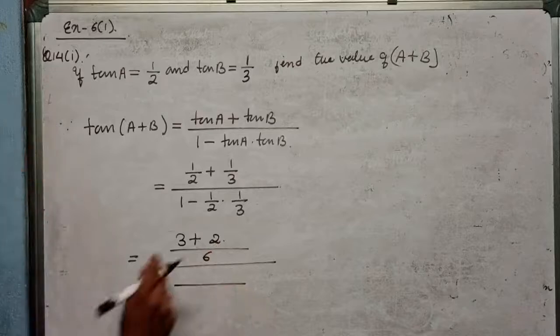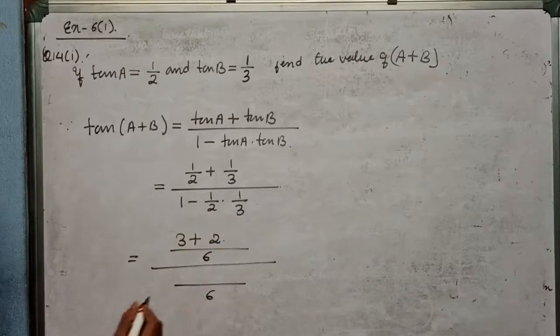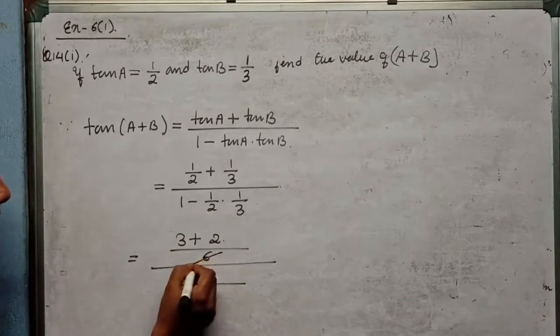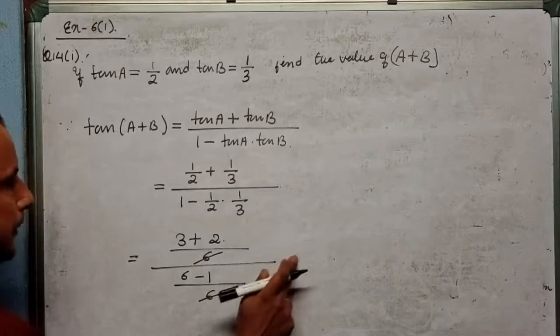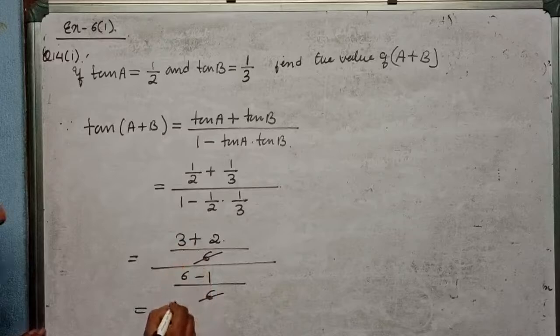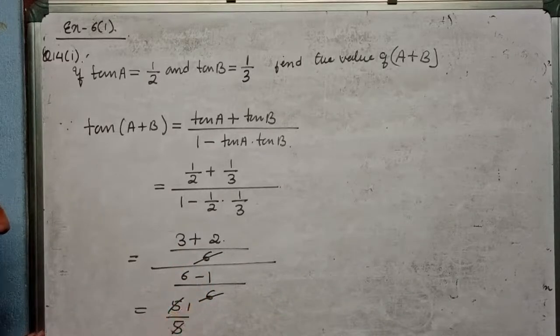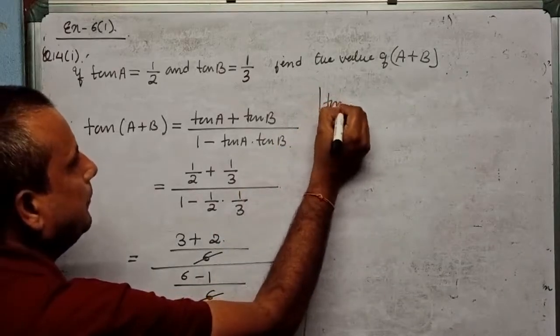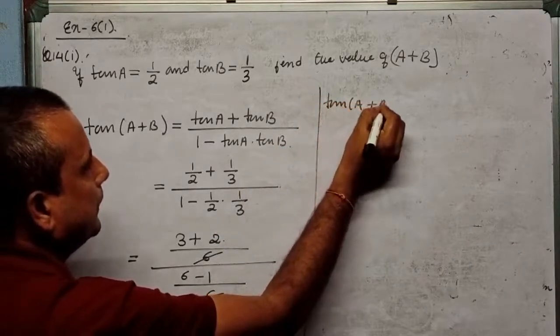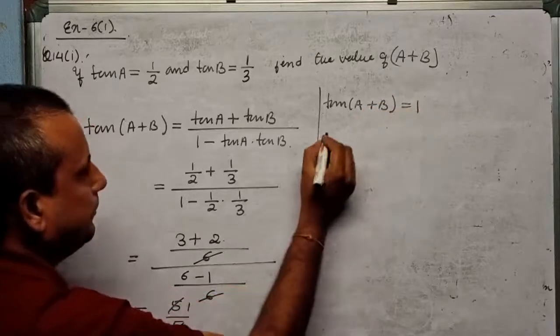In the denominator, the LCM is 6, so it will be 6 minus 1. The 6s get cancelled, and this is equal to 3 plus 2 is 5 over 6 minus 1 is 5, which is 1. We're getting the value tan a plus b is equal to 1.